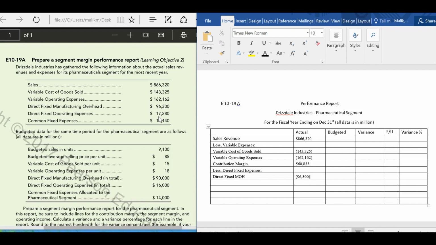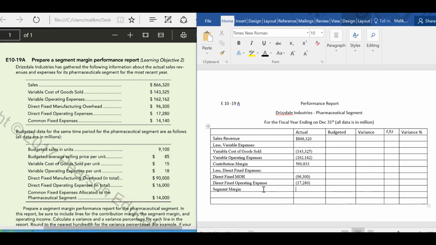Another is the direct fixed operating expense, which is given here: 17,280. So if I subtract these two direct fixed expenses from our contribution margin, we will get our segment margin.